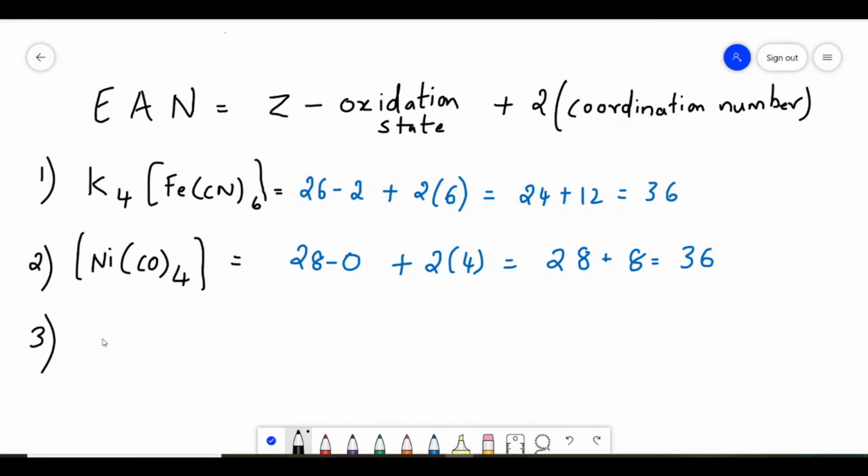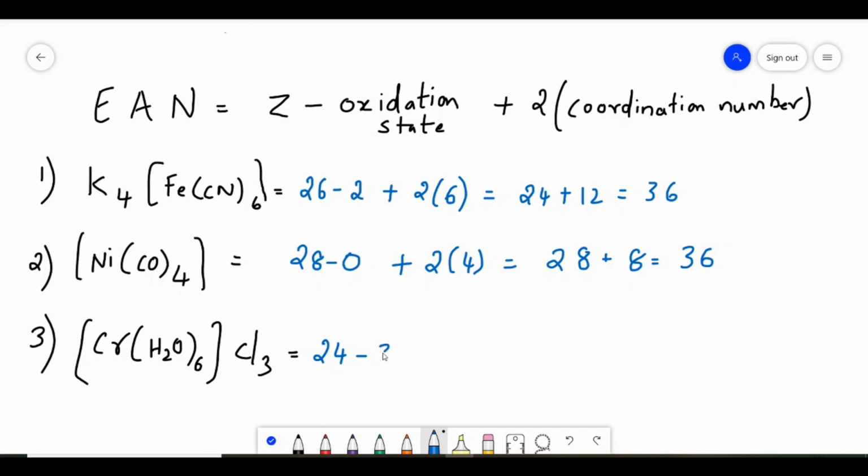So I am doing one more example. Let us take some chromium, [Cr(H2O)6]Cl3. The atomic number of chromium is 24. And if you calculate the oxidation state of chromium, it is equal to plus 3.